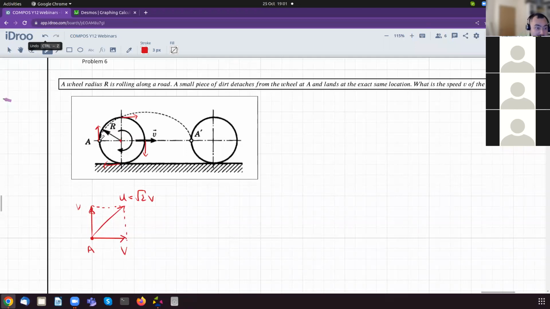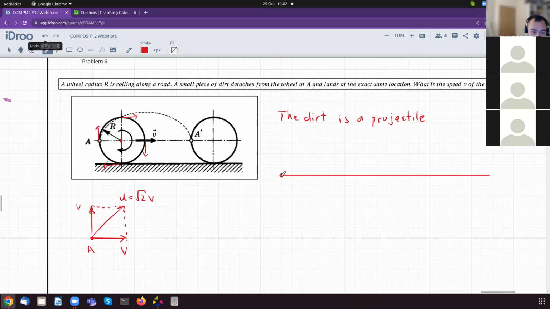Now, it's projectile motion. The piece of dirt is a projectile. And we can just do it like this.